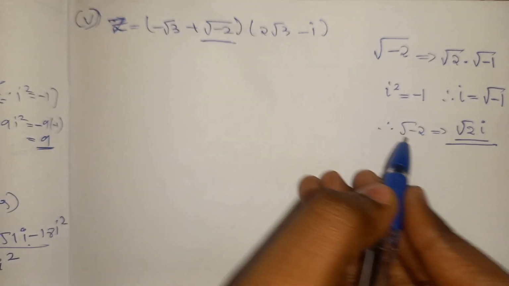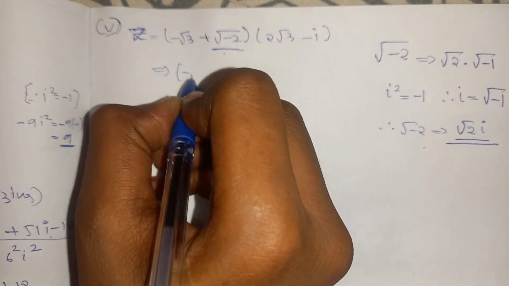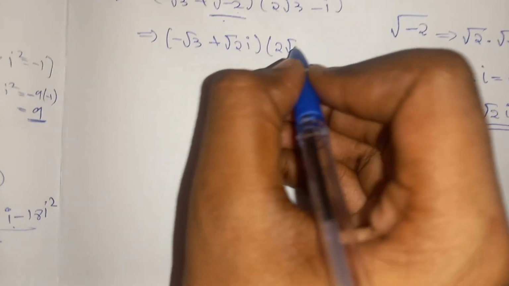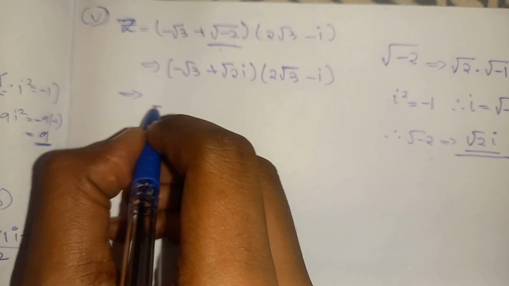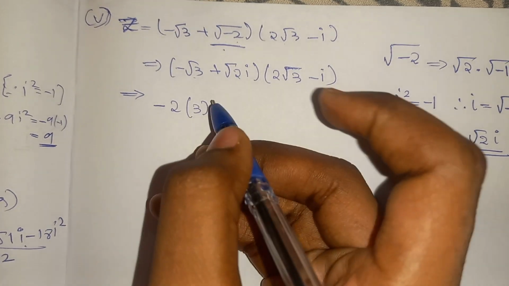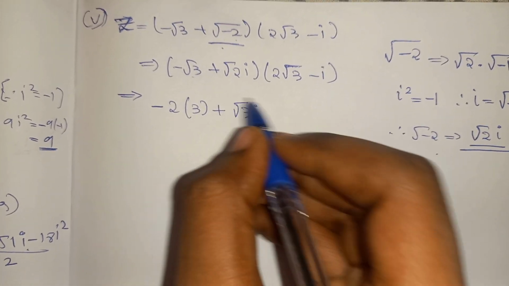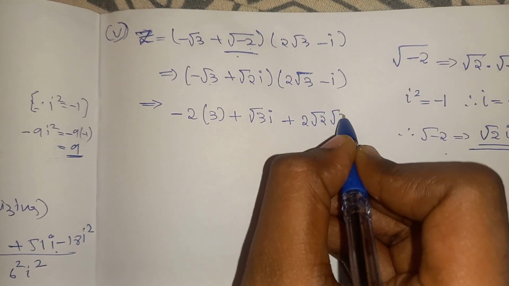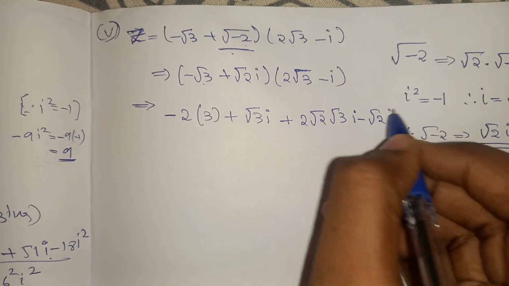So if you first substitute this here to solve it in a simple way. So it is (minus root 3 plus root 2 i) into (2 root 3 minus i). Multiplying each and every term, we get minus 2 root 3 into root 3 is 3, so minus 2 into 3, plus root 3 i plus 2 root 2 root 3 i minus root 2 i square.